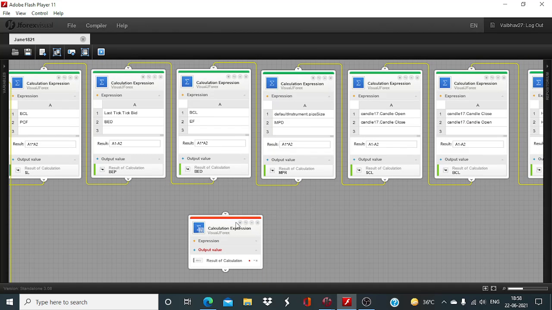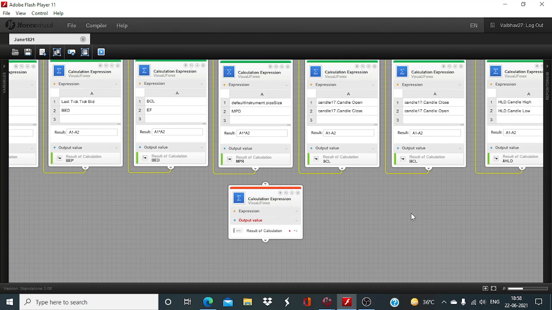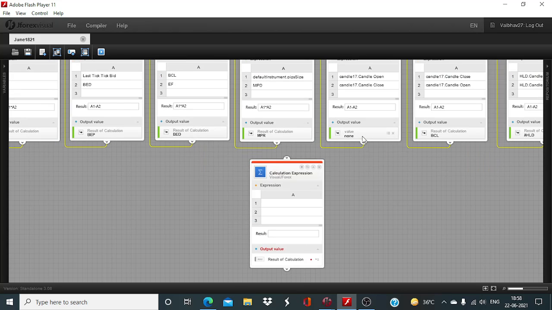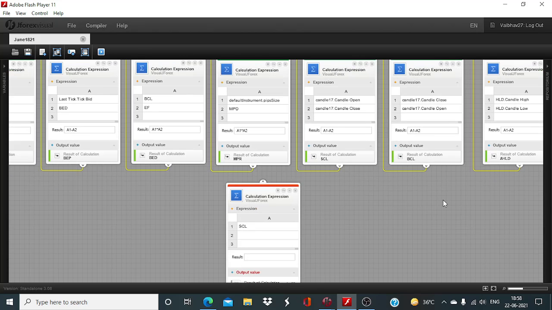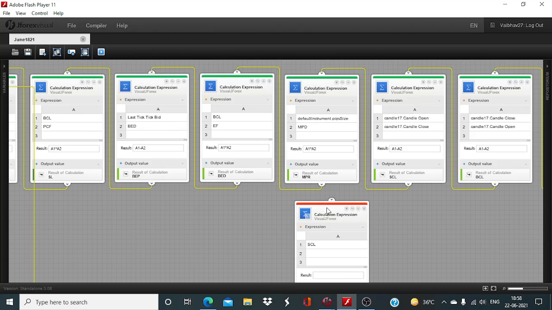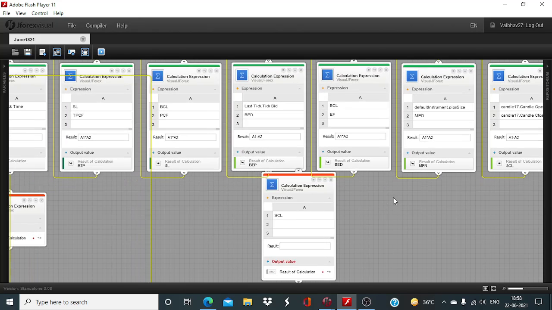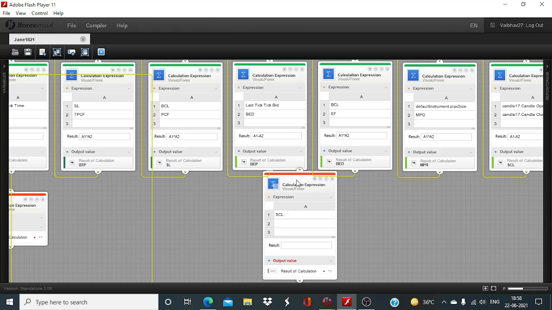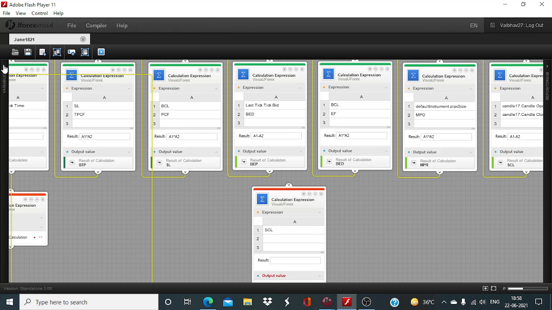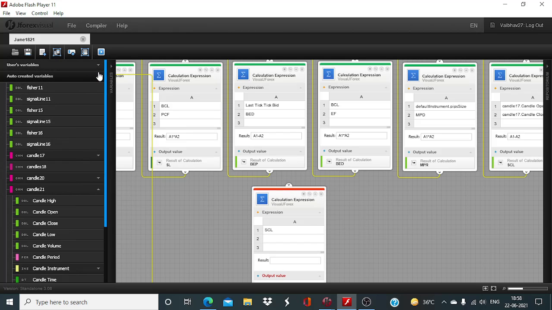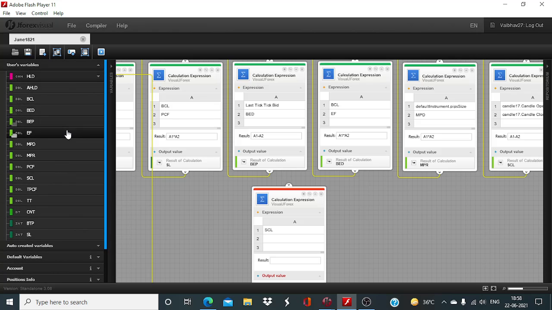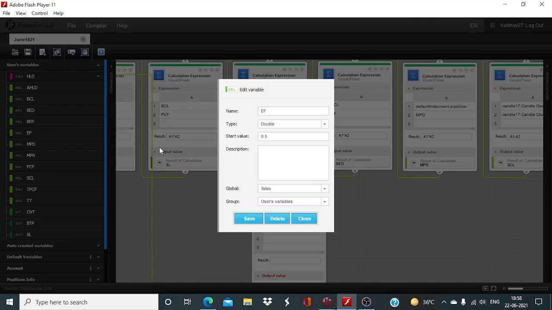First is we have to consider the difference between the opening price and the closing price, which is SCL, multiply it by 0.5, and I think I have already defined that variable, which is EF. Here it is.